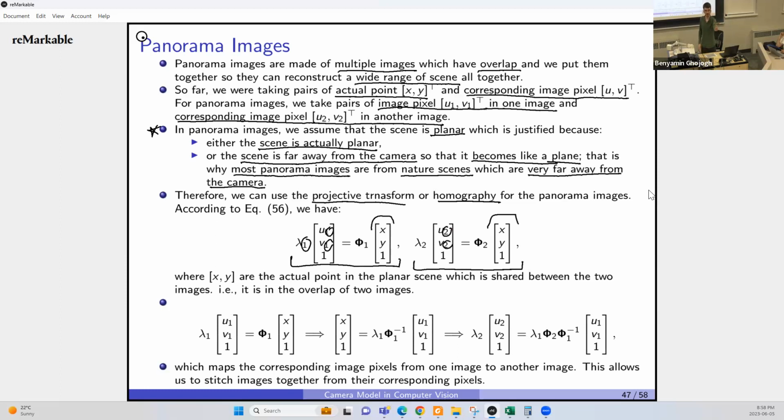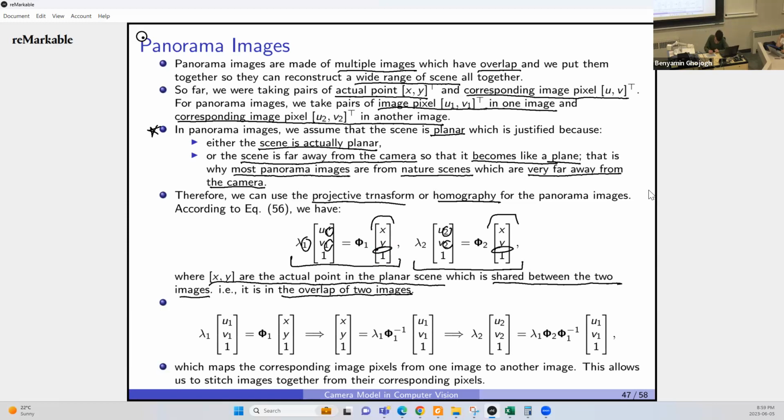There is one object in the shared area of the two images, one 3D object. Why is it 1? Why don't we have any z? Because also in homography, I assume it's planar, right? Where x, y are the actual point in the planar scene, which is shared between the two images. That is, it is in the overlap of the two images.